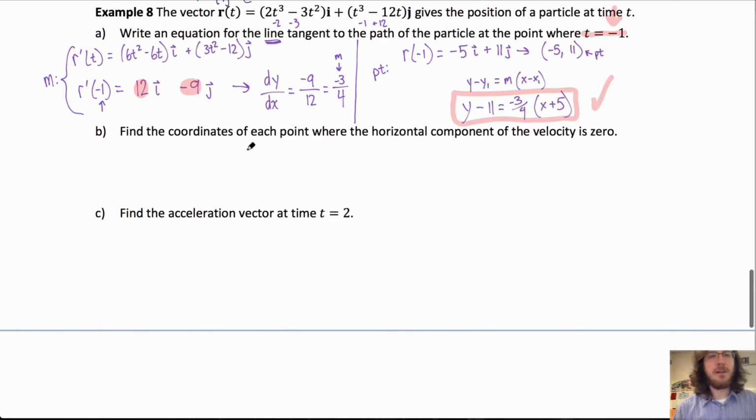All right, two more parts. Find the coordinates of each point where the horizontal component of the velocity is 0. Horizontal component of the velocity, okay, that's important.